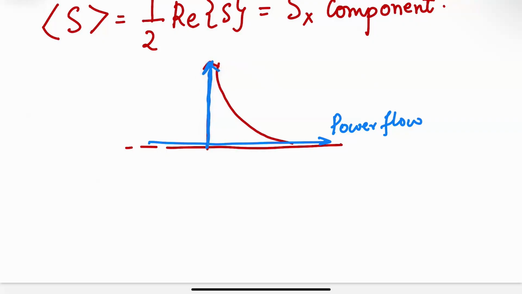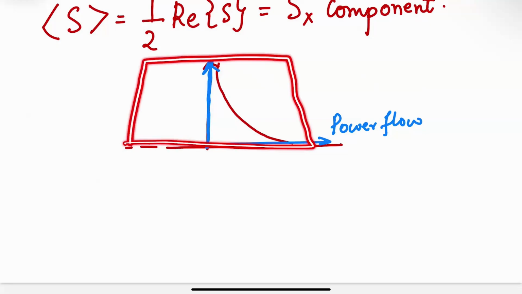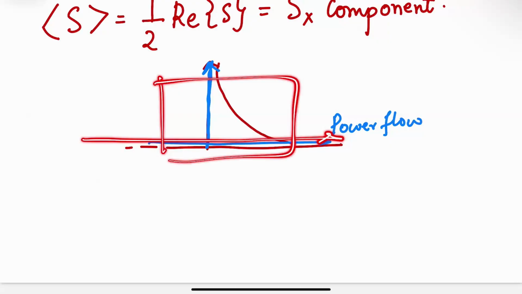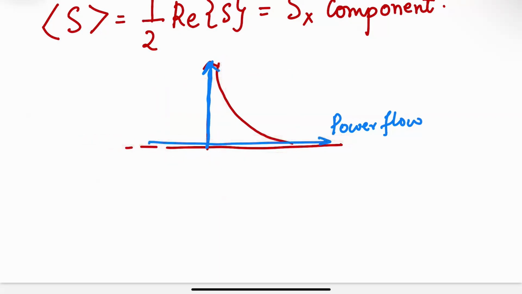And that makes sense, because if I put a very large box here, then power that's entering, if it is flowing in this direction, then it must leave. But we know that the field goes to 0, so it cannot leave, right? So you can't have power coming in and then no power going out. Whereas in this direction, it can flow, because whatever is coming in here, you have the same field out here, so it can go through, but it cannot go through like that.